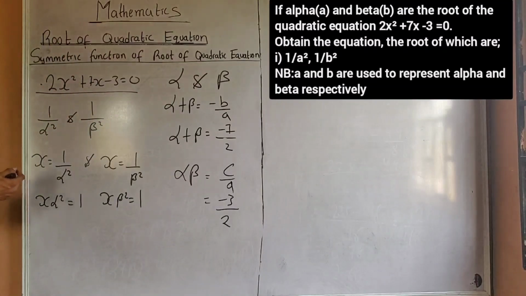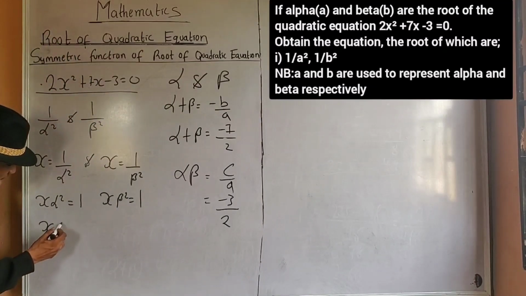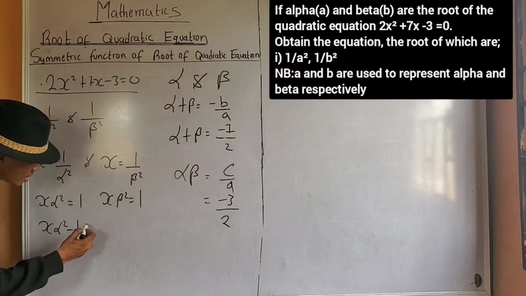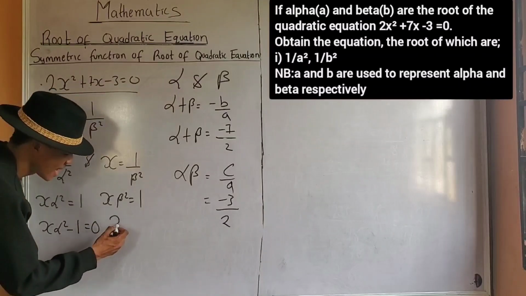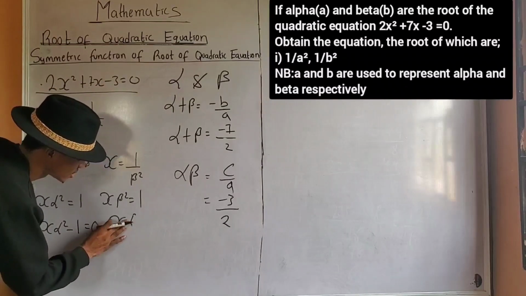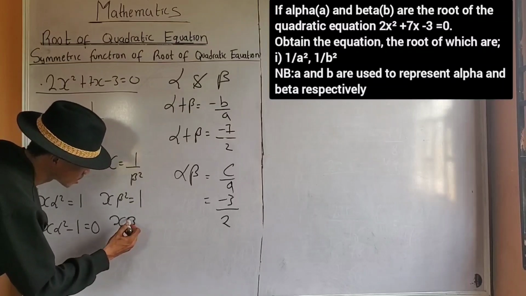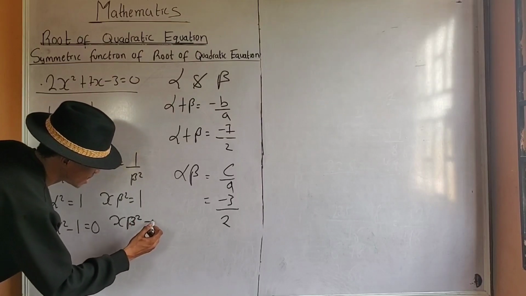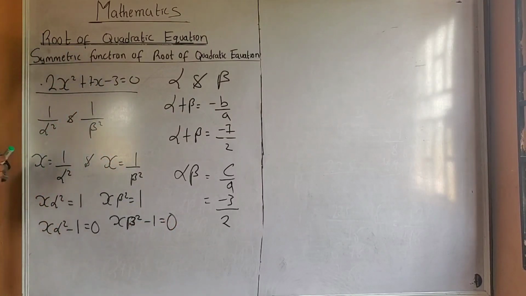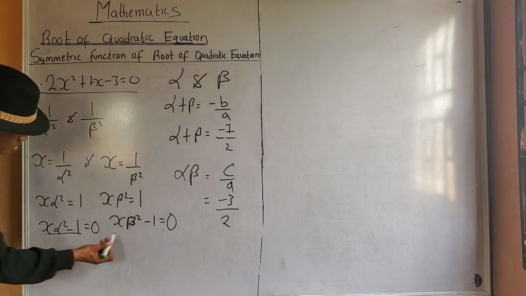Okay, now reverse. I'm going to have x alpha squared minus 1 equals 0. Also, x beta squared minus 1 equals 0. Okay, let us proceed. Now let us take the product of these factors.